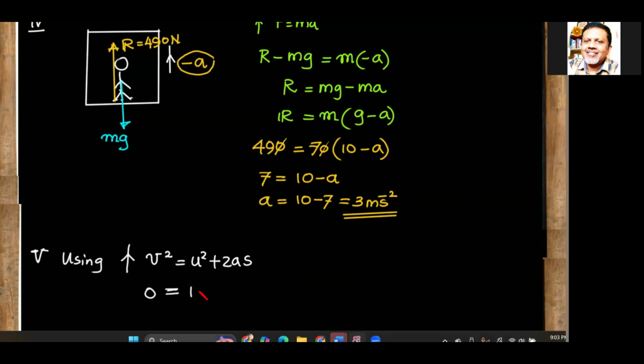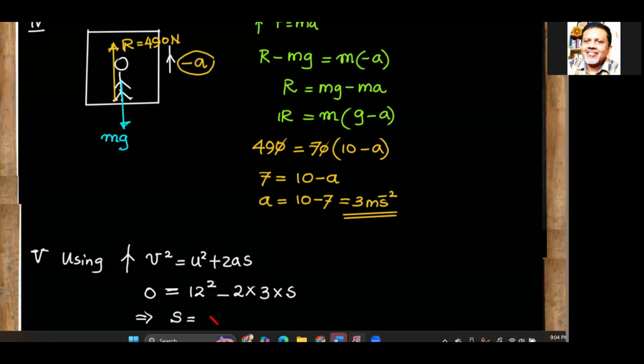The initial velocity is 12, squared, and it should be minus because it is a retardation, deceleration. 2 times the magnitude of retardation 3 meter per square second, but when we apply this equation in the upward direction, we have to take it as negative 3, times s. From this, we can calculate the value of s.